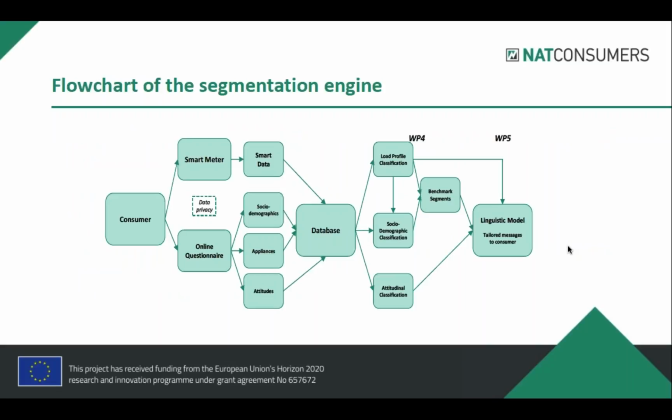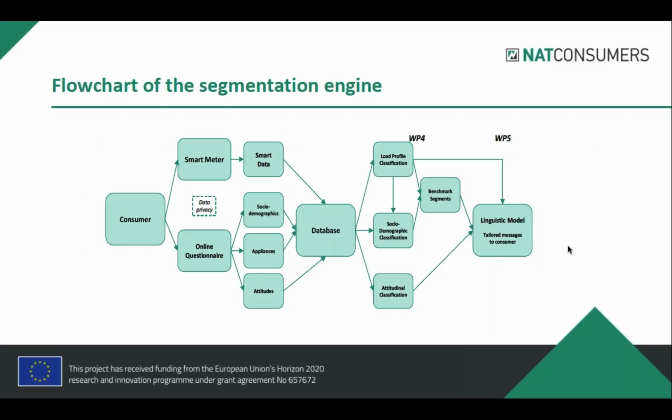Here you can see the flowchart of the segmentation engine that we have developed. As you see from the left, there are of course consumers, and we have different types of data from them. We have data from their smart meter, and also in this project we made online questionnaires in four countries, and from these we have different types of data.